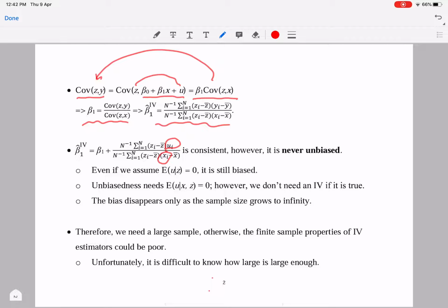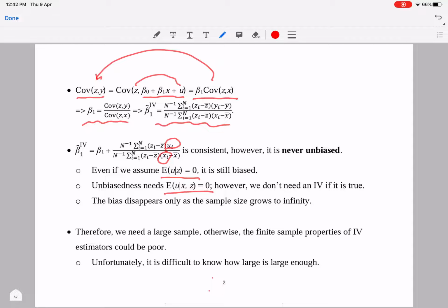And in fact, even if we are willing to assume a stronger exogeneity condition that the conditional mean of u given z is 0, the IV estimator is still biased. In fact, unbiasedness needs the conditional mean of the error term given both x and z to be 0.